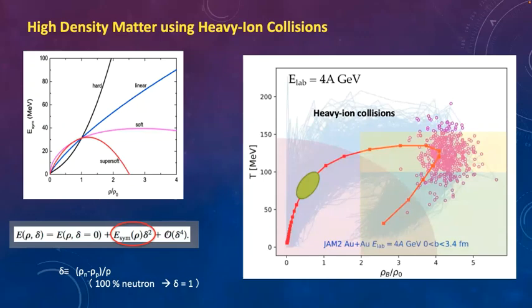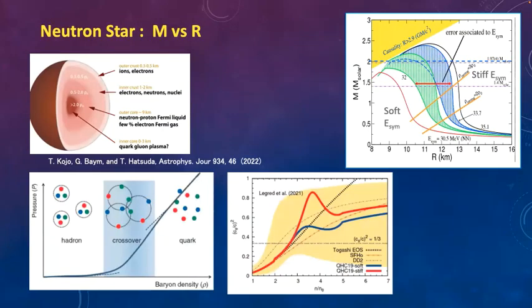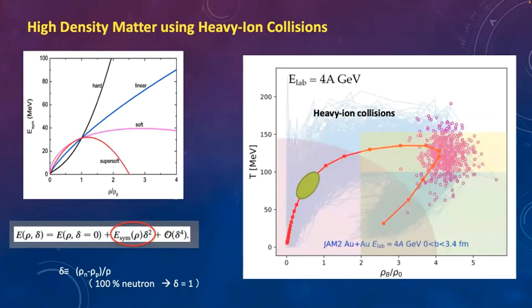So it's just a starting point where we see some difference. So what's the energy range? This requires density around 3 to 4 times nuclear density, which corresponds to something like that.